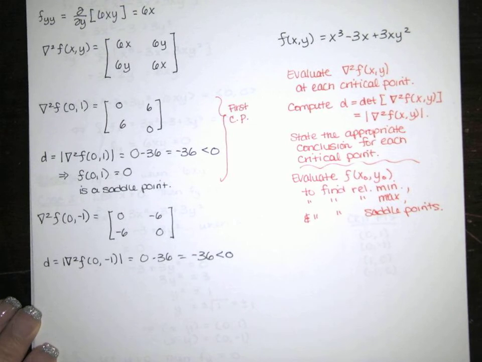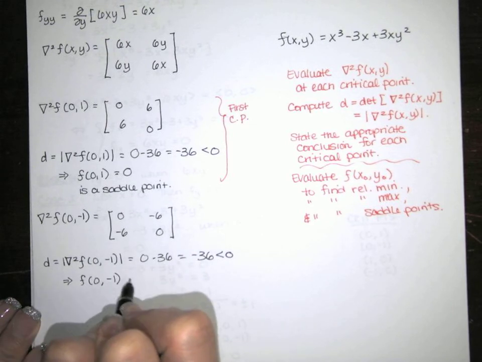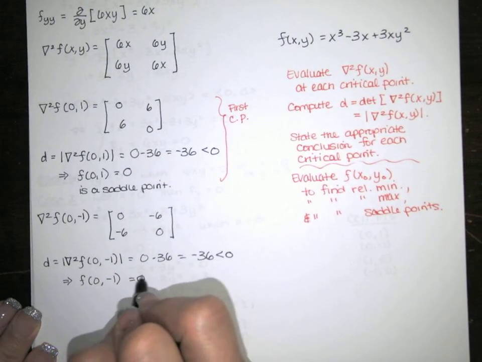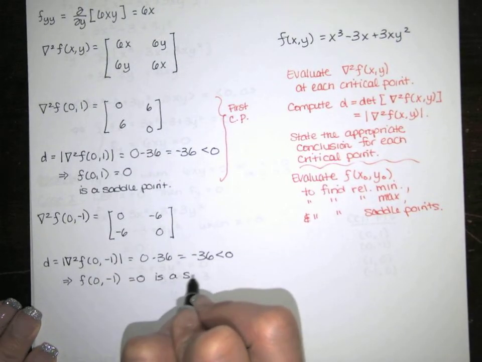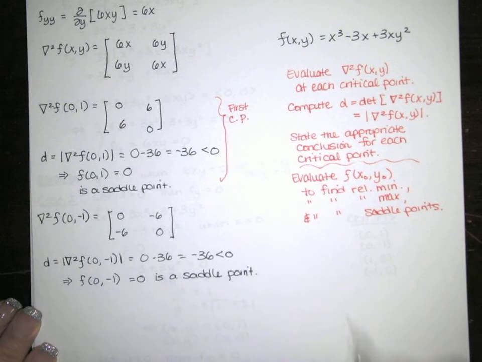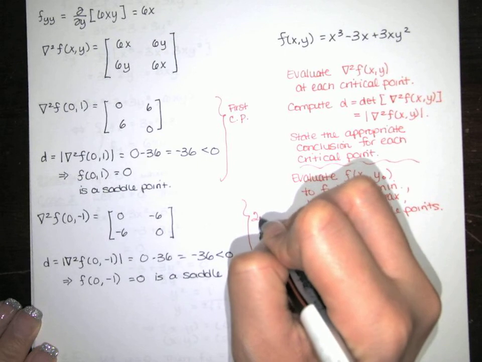Of course, negative 36 is negative. So f of 0, negative 1, if x is 0, we get 0 for our function. This is a saddle point. So that was our second critical point.